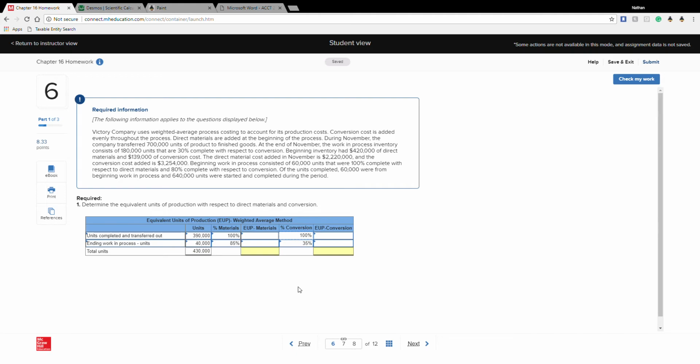Now we can actually figure out our equivalent units of production just using question 6. Later we're going to have to change up these numbers just to get back to the right one for this question. But here, I already know this is 390,000. And we just need to take these by the percentages.